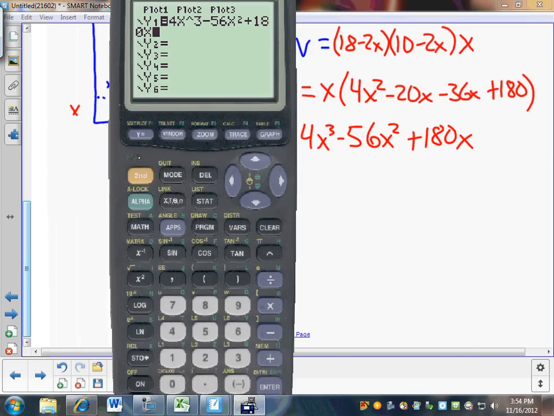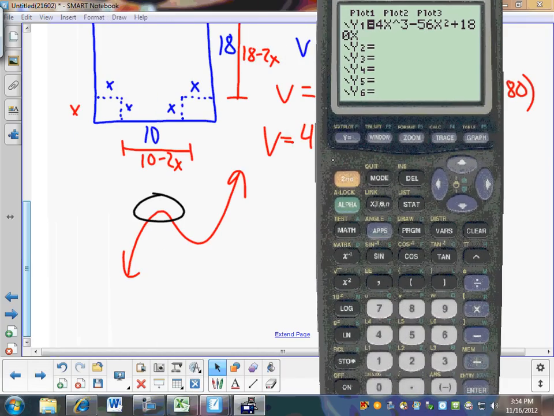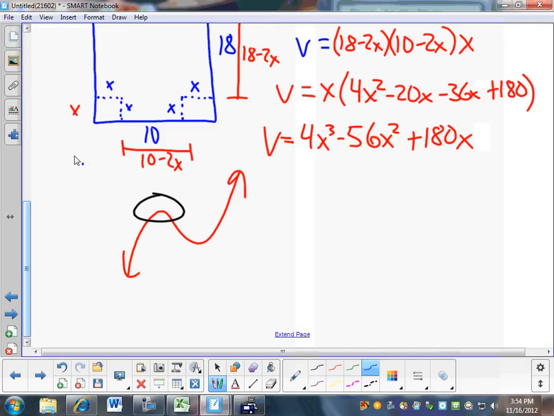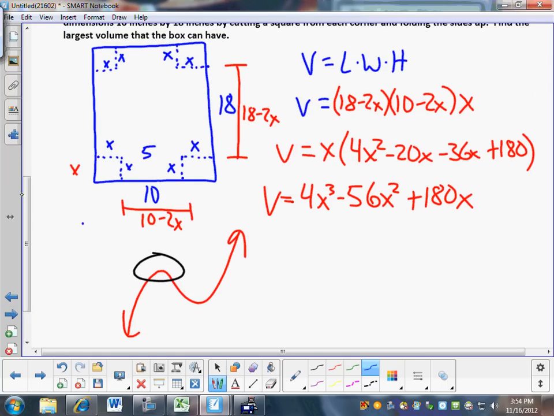And if you think about this problem, we want to find where it's happening. So we want to find an x value. If you think of the biggest square that you cut off here, it would be 5, because 5 and 5 is 10, so you'd have the whole side cut off. Over here, the biggest you could cut off is 9.